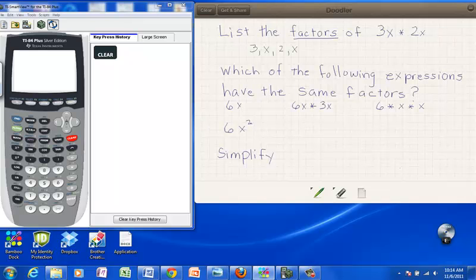We will often use x as our variable, although we will use other letters as well. So think about which one of those have the same factors as the expression at the top of the page.